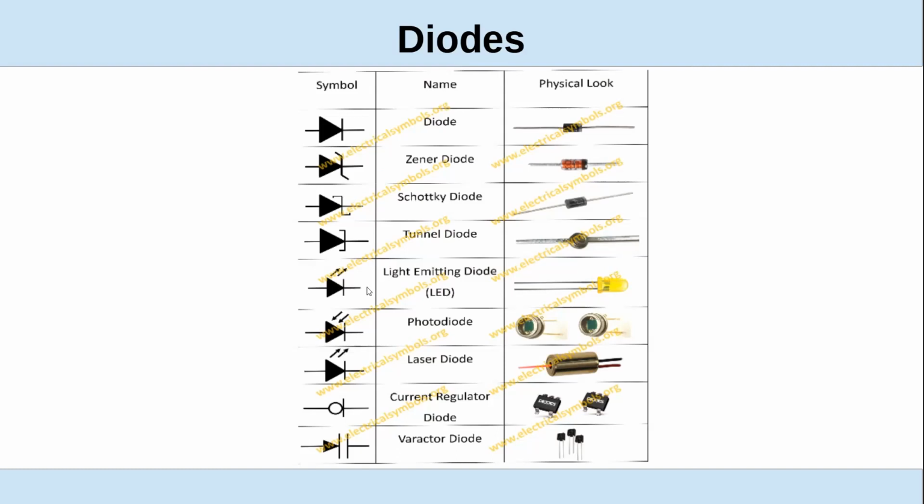When we get down here to light emitting diodes, it's the same symbol with a couple little arrows indicating the light being emitted. There's a picture of a typical one. They come in almost any color you can think of today. We have photodiodes, which work just the opposite.